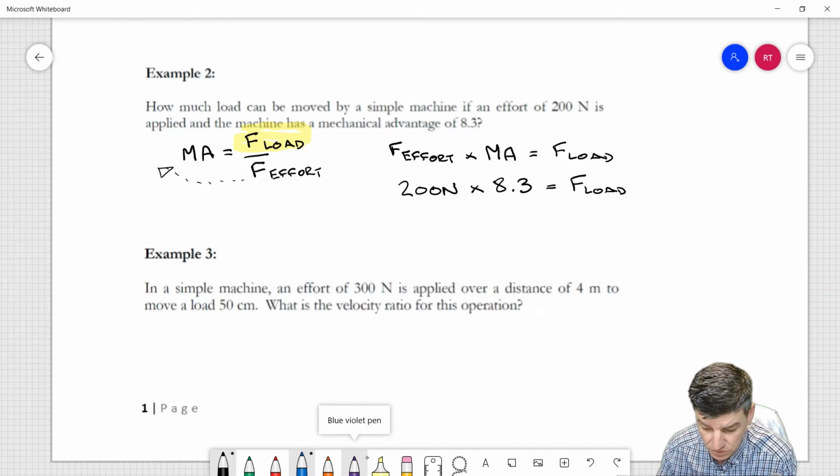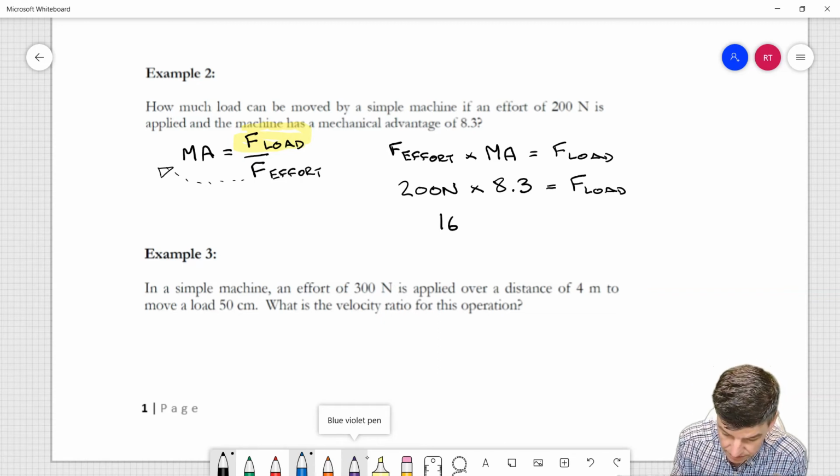However, we do have a unit to our force, newtons, and that will lead to having an answer of newtons in our final answer for our load. So 200 times 8.3 gives us 1,660 newtons is equal to the force of the load.